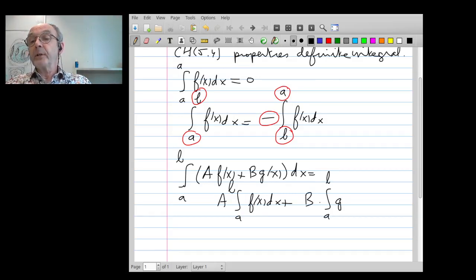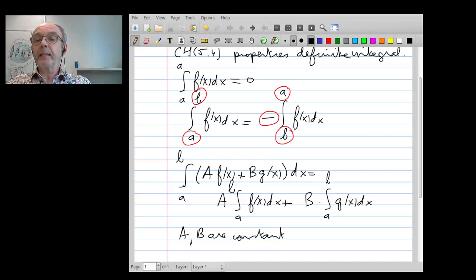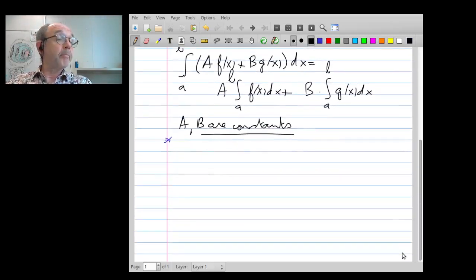That is the case if a and b are constants, so they don't depend on x. And I assume that the integrals of those functions exist, that you can integrate them. I assume that is always the case.